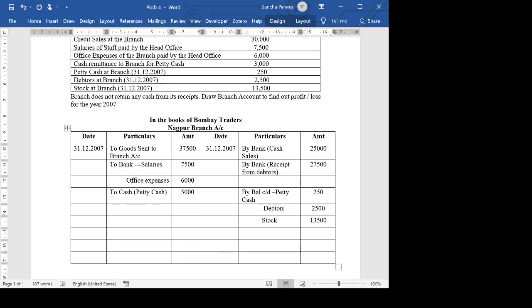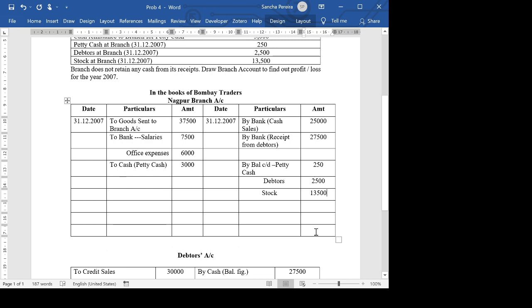So if we finish this, just to tally it, the credit is higher than the debit, and that comes to 68,750.